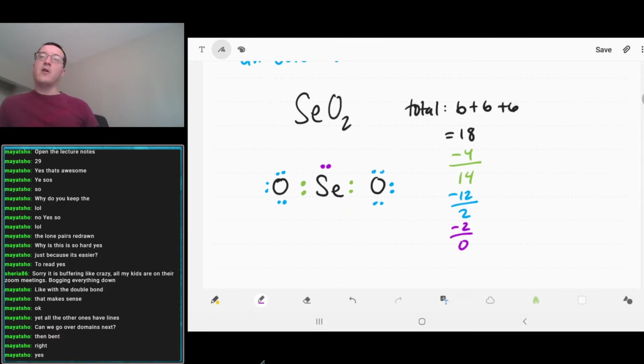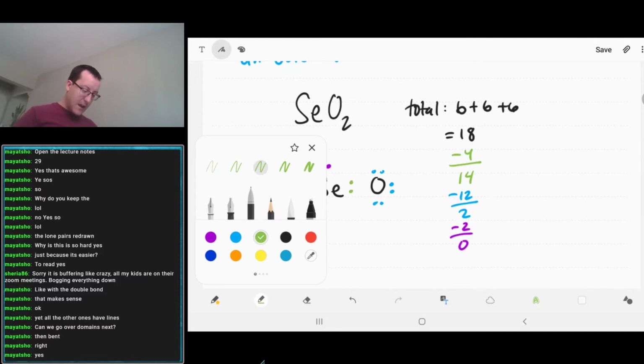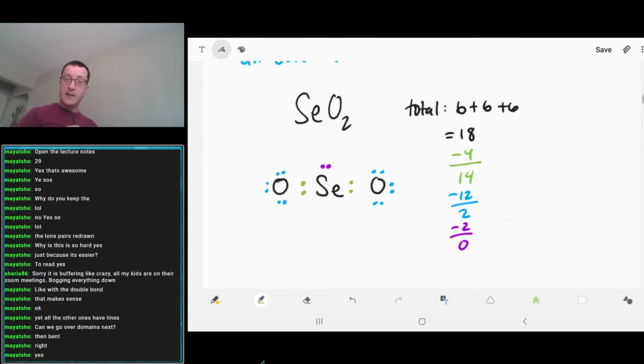Okay, so we have our base structure shown. As it is right now, it looks like we're going to need a double bond, right? Because selenium only has 6 electrons, and the oxygens have 8. So if it's all right with you, I'm just going to erase one lone pair and now make our double bond. So hopefully that part's okay.